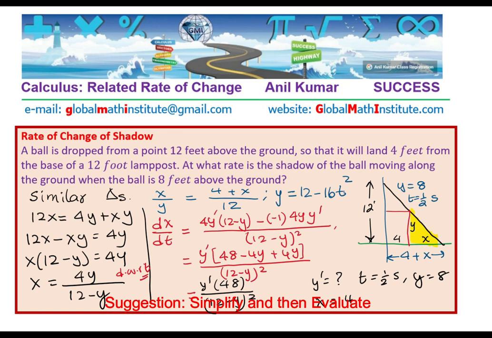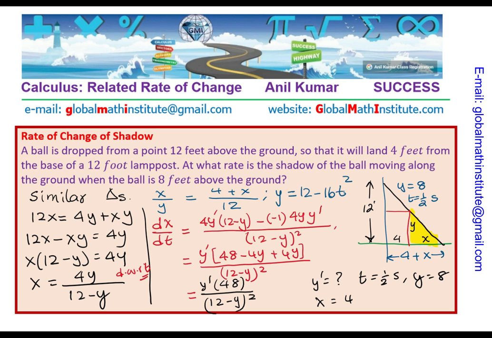Then we related the two similar triangles, x over y equals 4 plus x over 12, cross multiply and solve the equation. So 12x, bringing x together on the left hand side and taking it common, we got 4y divided by 12 minus y as x. Now differentiating with respect to time, applying the quotient rule, we get the derivative as 4 y prime times 12 minus y, minus the derivative of the denominator, which is minus 1 y prime, times 4y.